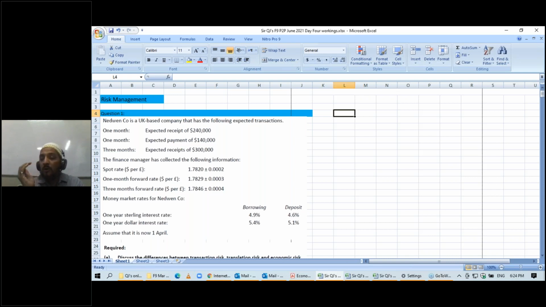So you don't know what the spot exchange rate of currency conversion will be in future. Due to this, the cash flow is variable. So if the future cash flow can be high or low and you're not certain, you may incur a loss because it is not in your control.